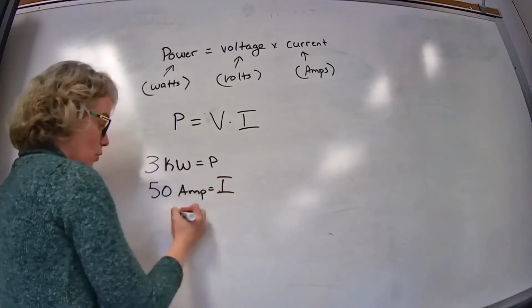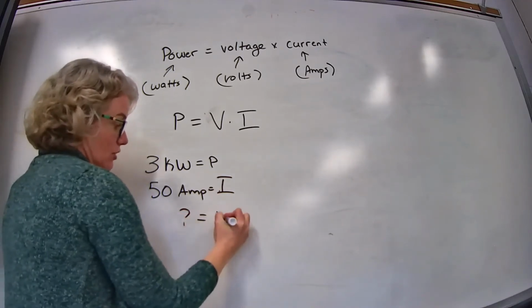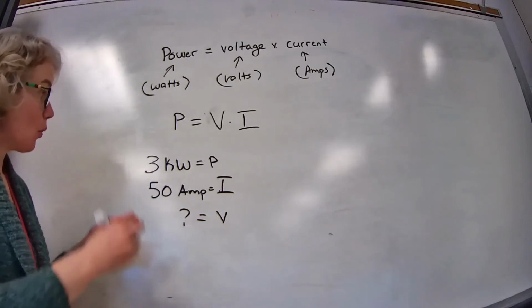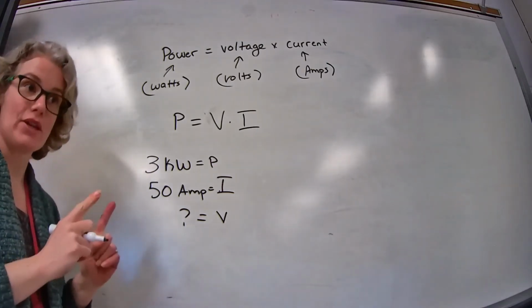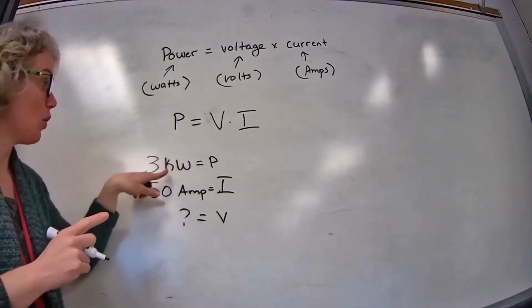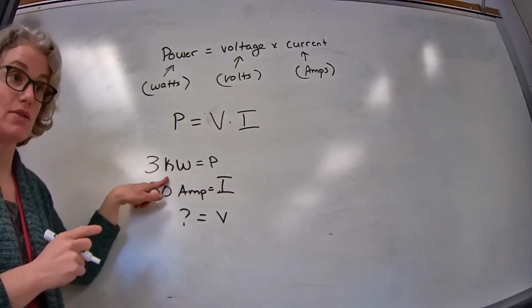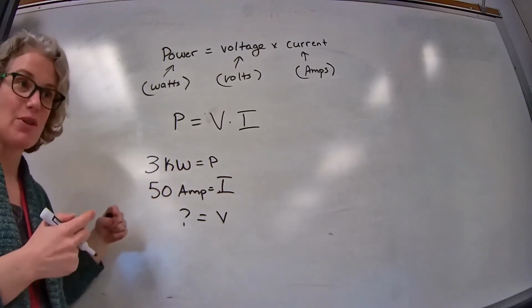So that would be I. What is the voltage? Well, we can't use this equation here with kilowatts. We're going to have to convert it to watts first. How do we do that?